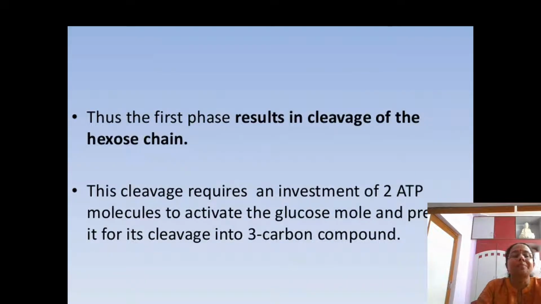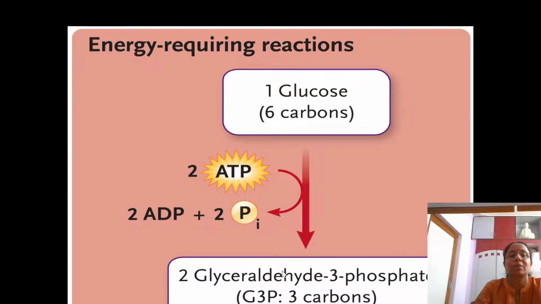Now, the first step results in the cleavage of the hexose chain. Okay, so remember, the preparatory phase requires an investment of two ATP molecules to activate glucose and cleave glucose into 3-carbon compounds.